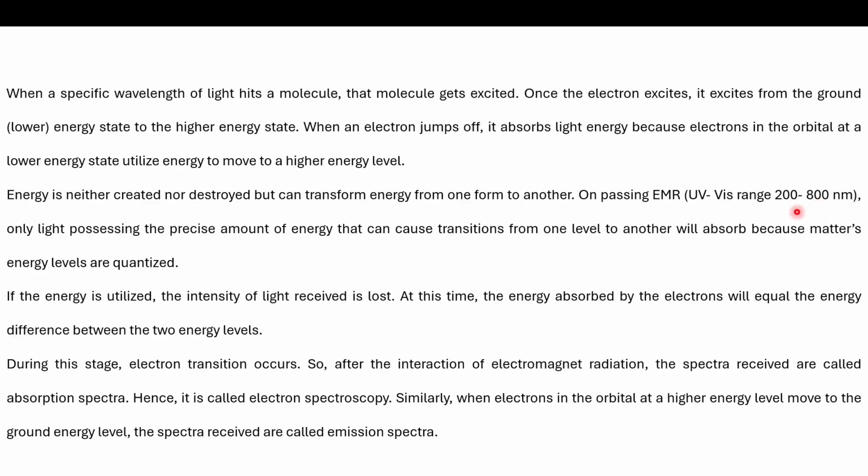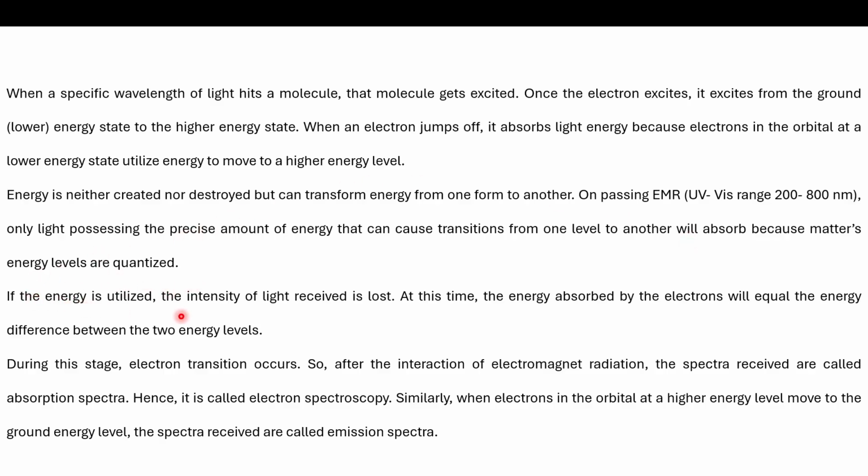You can get the energy range of this UV visible range. This range of energy can cause transitions from one level to another, as matter's energy levels are quantized.